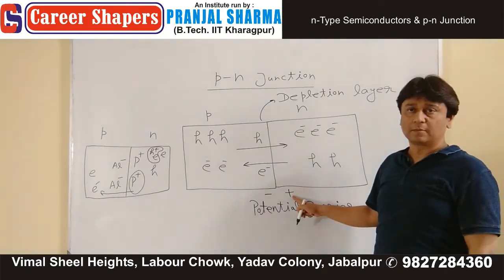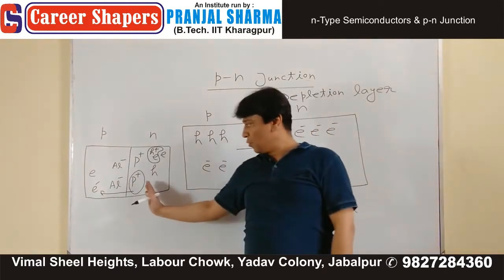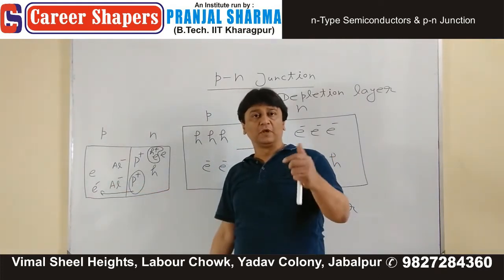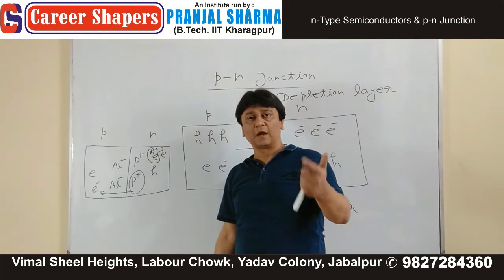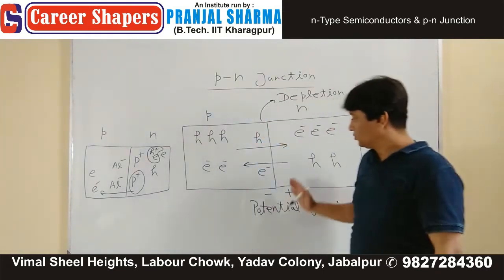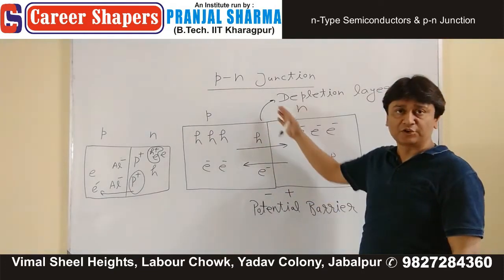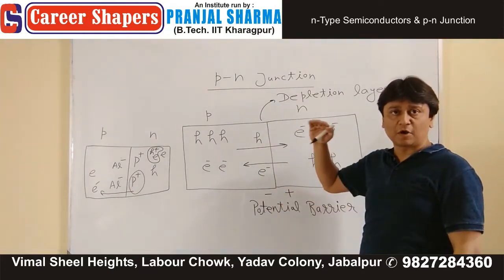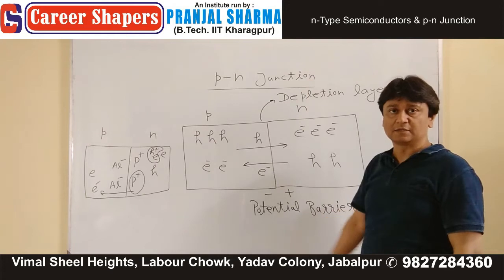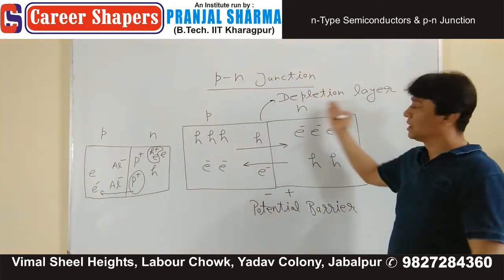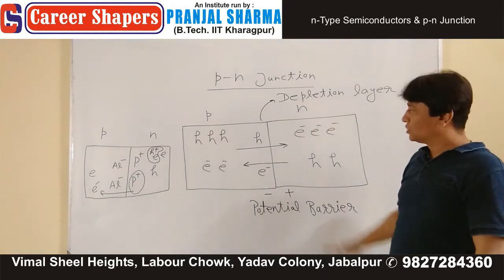Look here. So once this electron has moved, we say that we have created a depletion layer. The number of charge carriers in this region near the junction boundary decreases, they deplete, and therefore this is called the depletion layer.